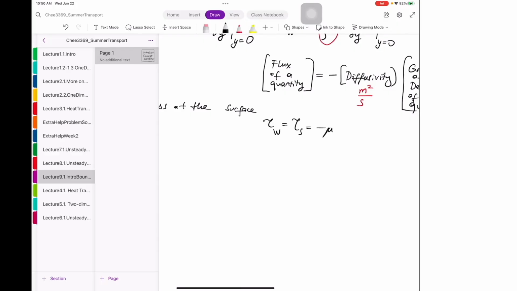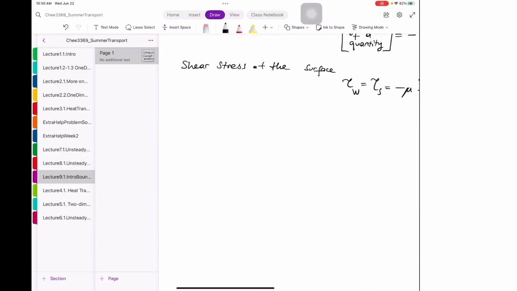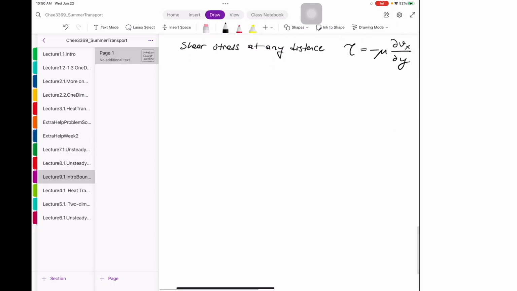It's minus mu del Vx over del Y at Y is equal to 0. But you should note that the shear stress at any distance is tau, any tau, is equal to minus mu del Vx over del Y, which we're going to use later, okay?